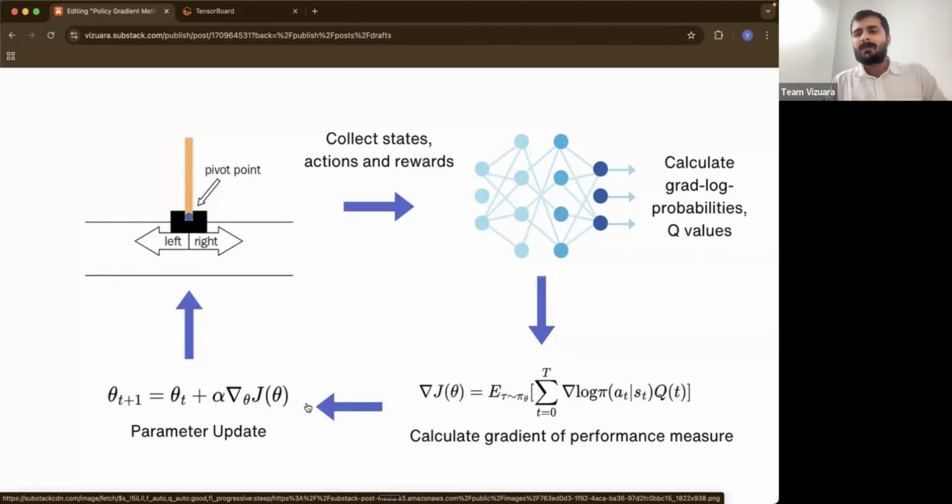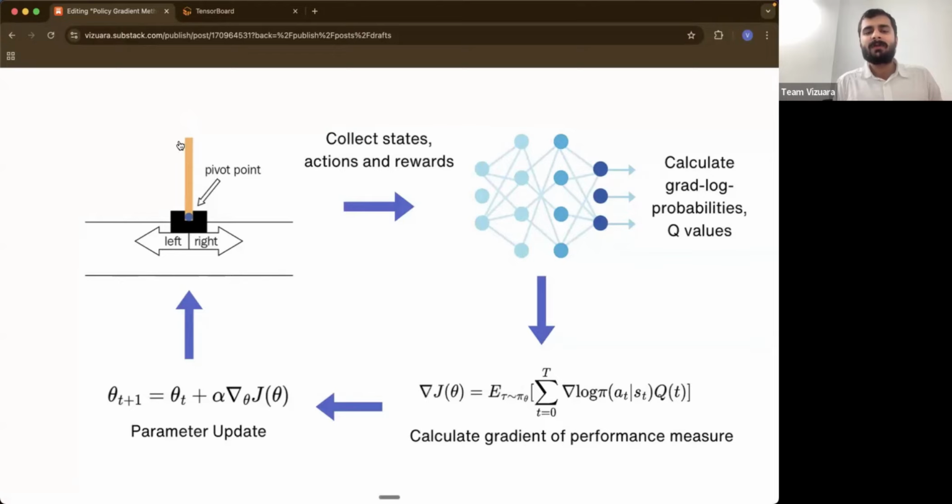So I want you to understand this workflow very nicely because this is the same workflow which we are going to use for a number of different problems which we are going to look at in future, even the language modeling problems which we will look at. So the main workflow here is you basically have an agent environment interface on the left here.